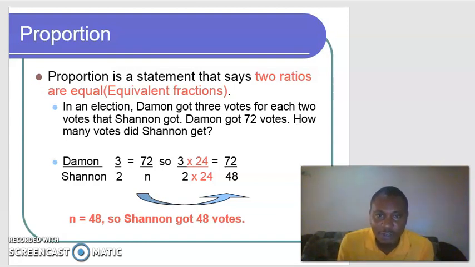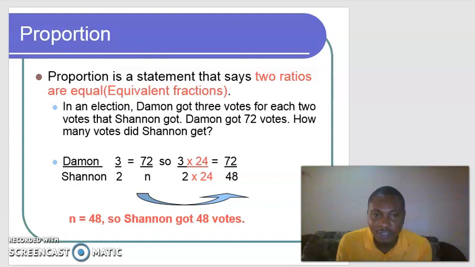In an election, Damon got 3 votes for each 2 votes that Shannon got. Damon got 72 votes. How many votes did Shannon get? So we discover in this question that for every 3 votes that Damon had, Shannon got 2, which is 3:2. So forming an equivalent fraction, we have for Damon 3, and on the side of Damon we have 72.